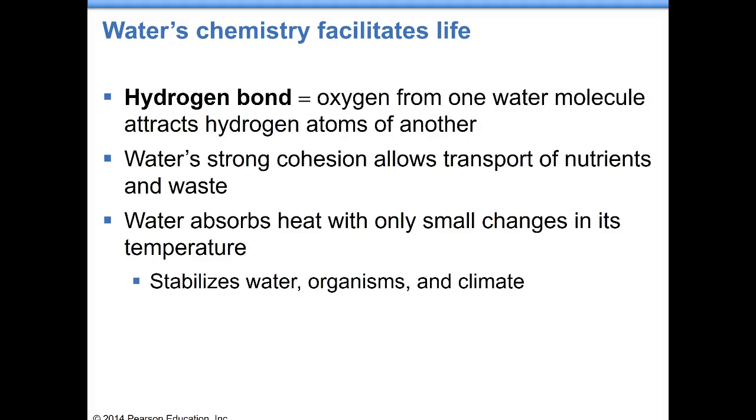We know that water, when I had biology with you, we know in Chapter 2 we talked about water's unique properties to be polar, to have a slightly positive side and a slightly negative side. And that because of that polarity, hydrogen bonds would form. And this is where oxygen from one water molecule is going to attract the hydrogen atoms of another water molecule.